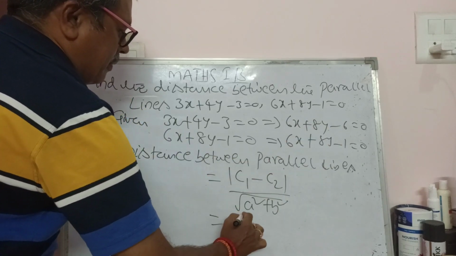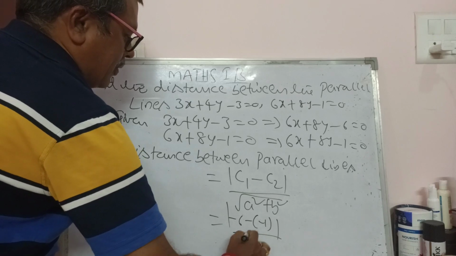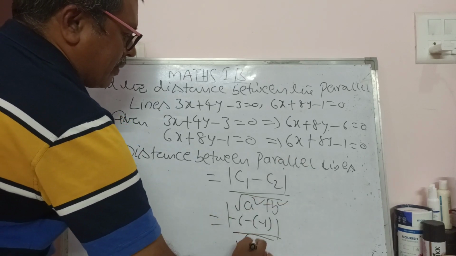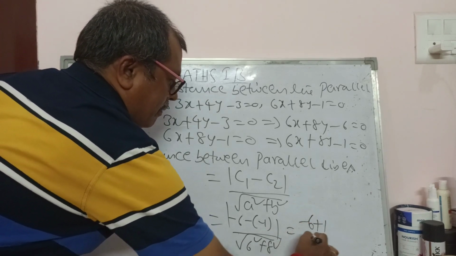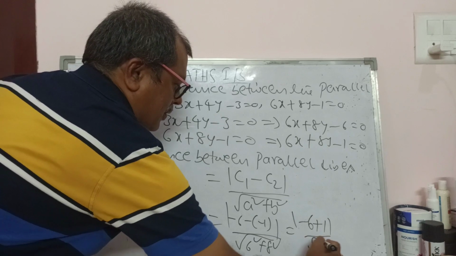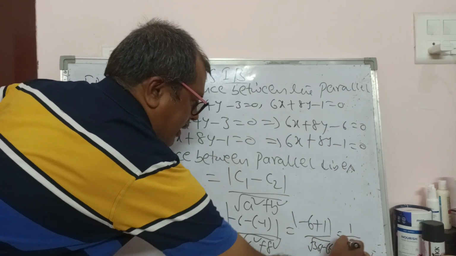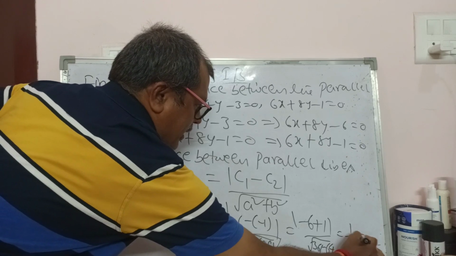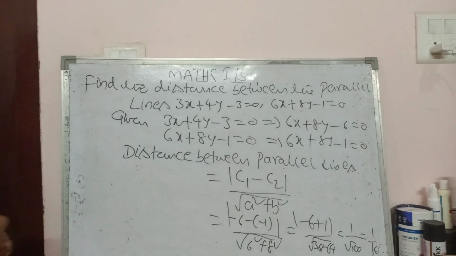That means modulus of minus 6 minus of minus 1 by root of 6 square plus 8 square, which is minus 6 plus 1, modulus of 5 by root of 36 plus 64. That is 5 by root 100, which is equal to 1 by 2. This is the distance between these two parallel lines.